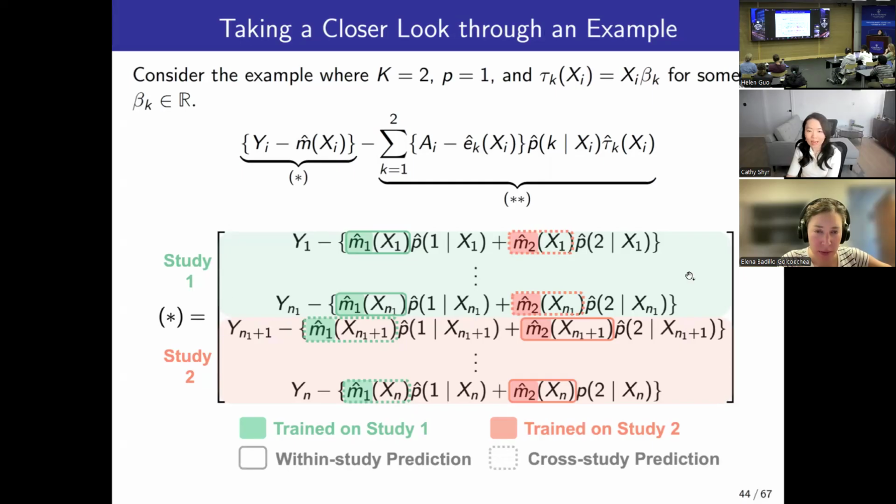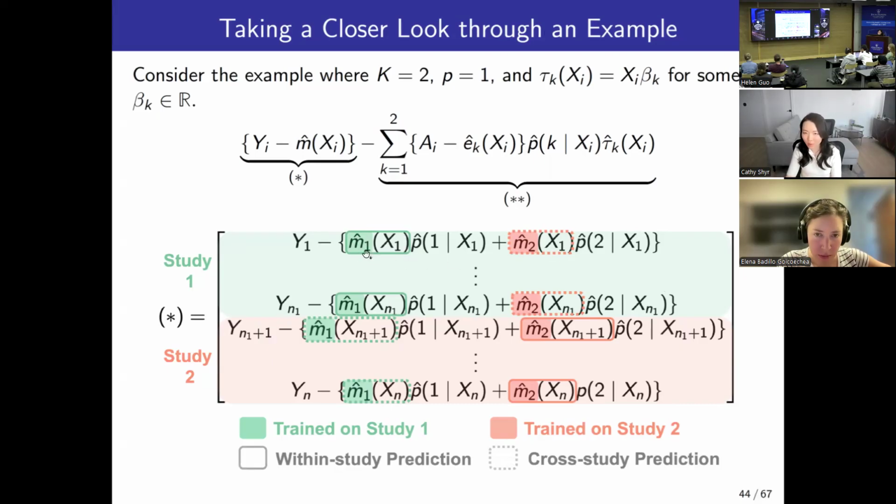So here I've highlighted the contributions from the patients in study 1 in green and the patients from study 2 in red. So the idea here is that the contribution from each patient is a weighted average of the within study prediction and also the cross study prediction.